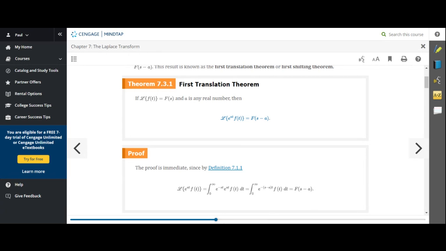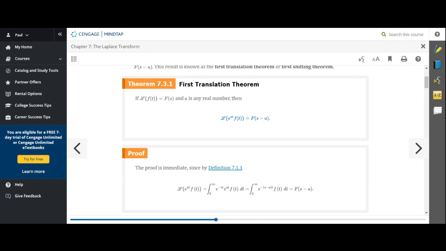And the proof is very simple. If you take the Laplace transform of e to the at times f of t, by definition, that equals the integral from 0 to infinity of e to the negative st times e to the at f of t dt. That's just the definition of the Laplace transform.